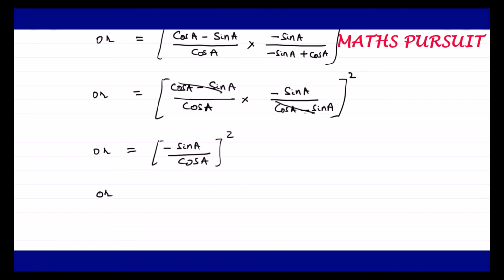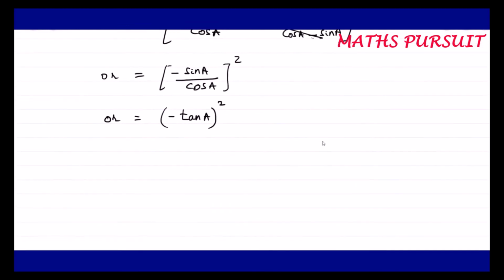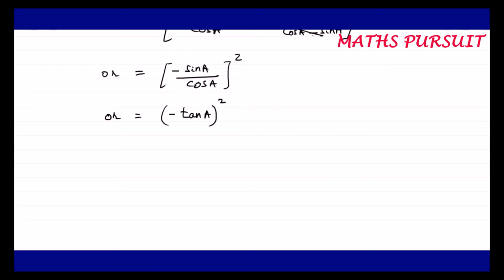And we very well know that sin theta upon cos theta is nothing but tan theta. So I can write minus tan A to the power square, or that is equal to minus tan A into minus tan A.